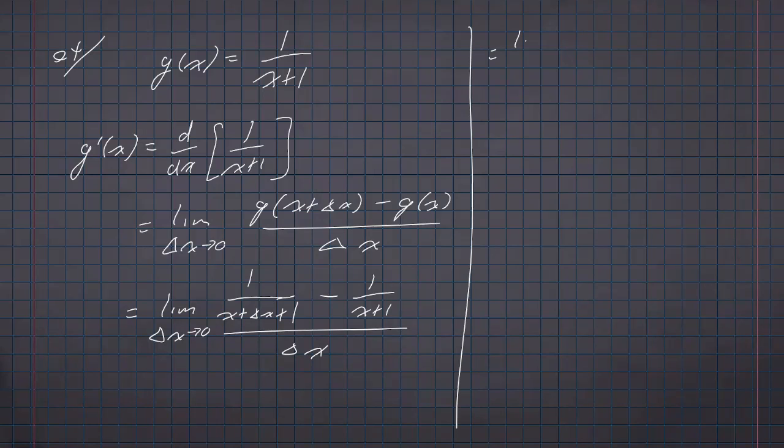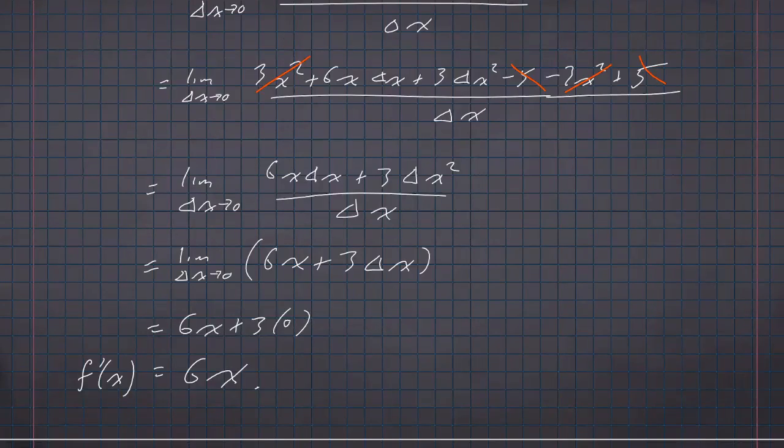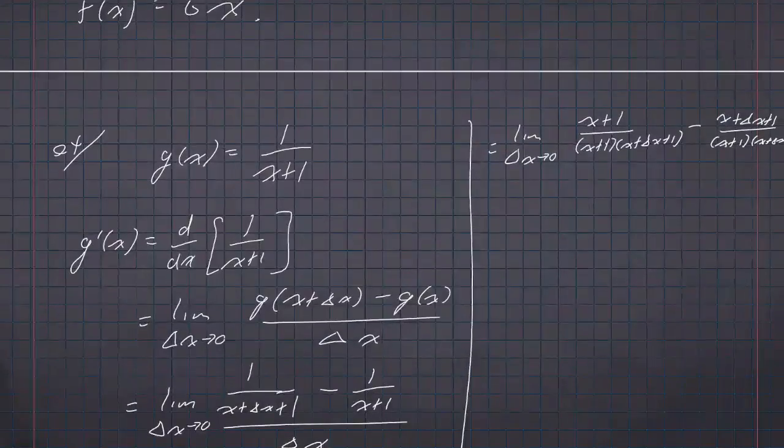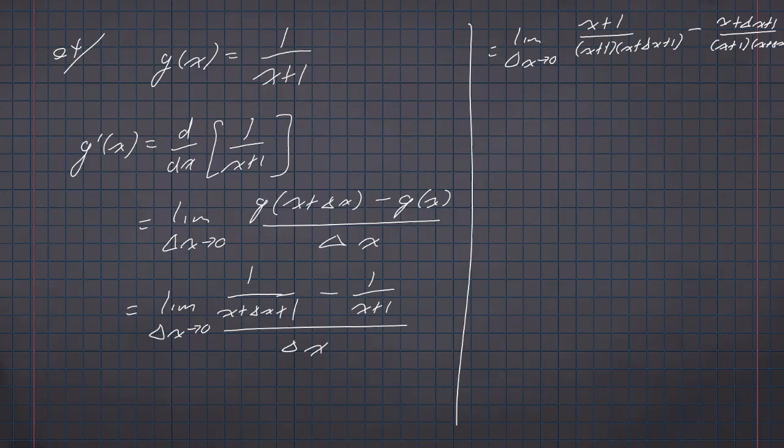So we're taking the limit as delta x goes to 0 of, well, I guess that'll be x plus 1 over x plus 1, x plus delta x plus 1 minus x plus delta x plus 1 over x plus 1 times x plus delta x plus 1. Oops, sorry about that. Let's get back there. I ran into my scroll bar. But anyway, that whole thing is still over delta x.